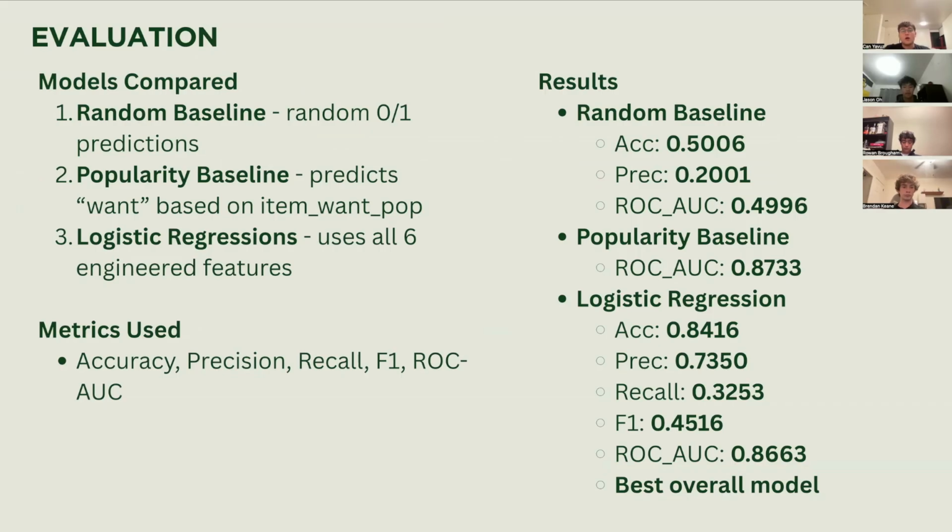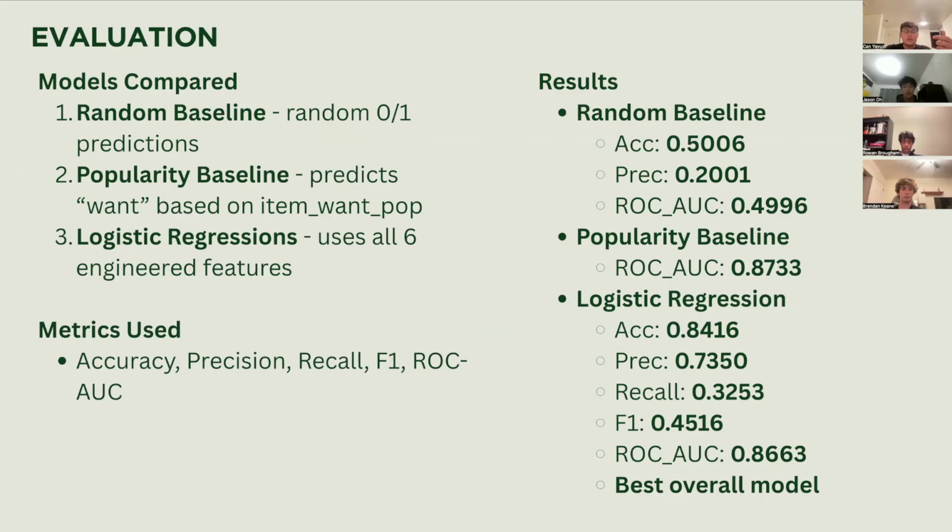The reason why logistic regression behaves like this is because when the model says want, the user features plus item popularity plus the interaction flags all align, and these strong signals reduce false positives, and that's why our model performs so well.